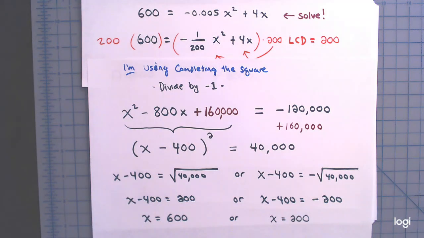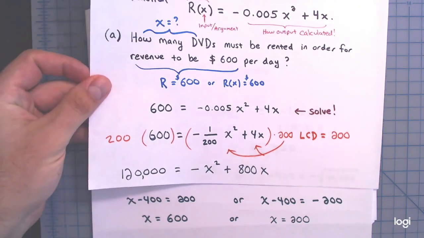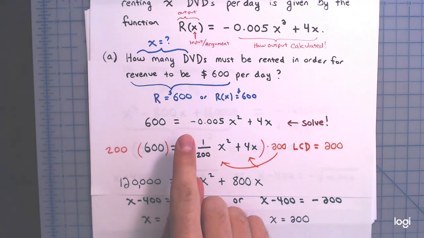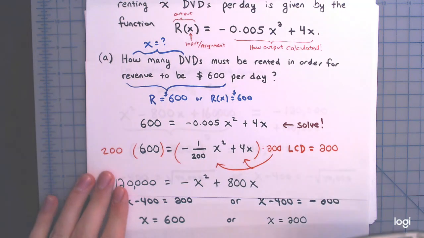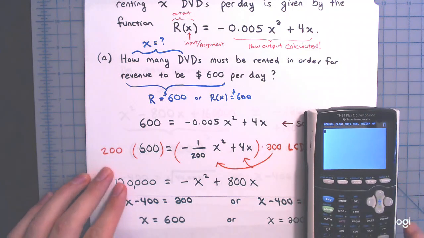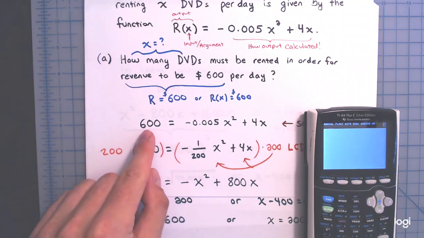So going back to the original equation that we set up, that was this here, 600 equals negative 0.005 times x squared plus 4x. Let's see if these numbers work in there. You could plug them in by hand. I'm just going to do them real quickly off to the side here with the calculator. The left side is 600.